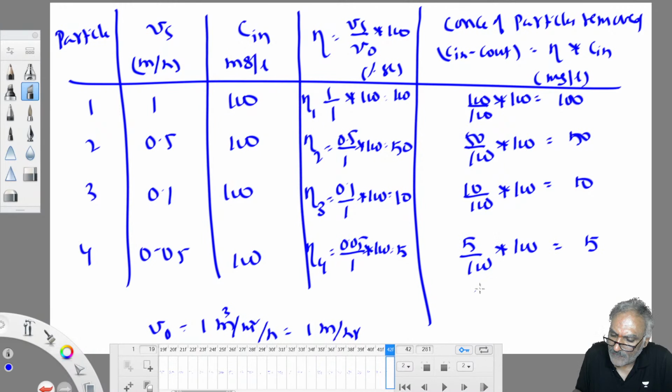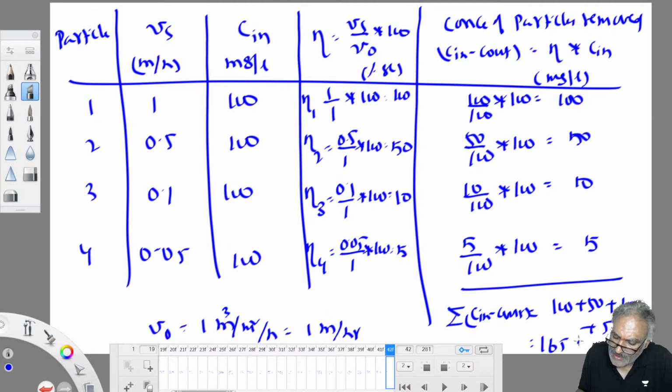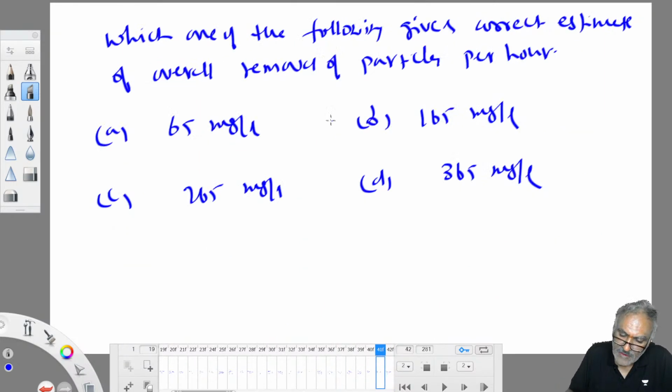5 milligram per liter. So overall removal means sigma of C in minus C out, which is 100 plus 50 plus 10 plus 5, equal to 165 milligram per liter. That was the answer for this question. So what do you have to tick mark? 165.